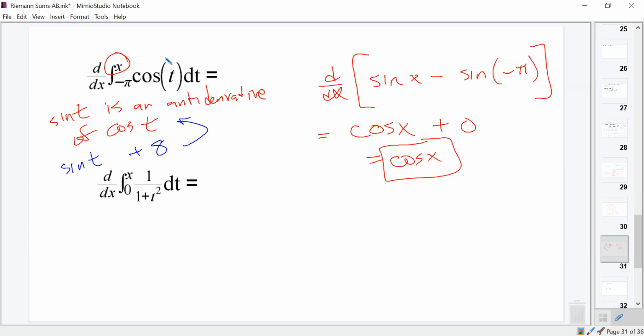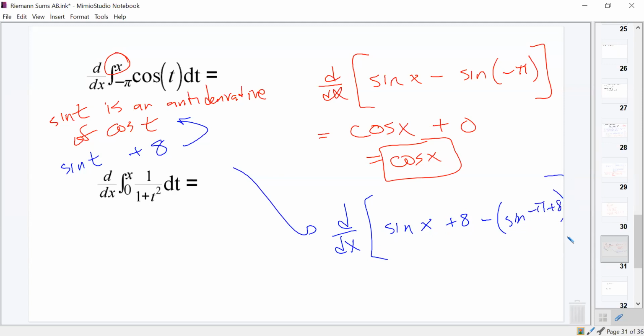So if we'd done it that way, we would have ended up with the sine of x plus 8 minus the sine of negative pi plus 8. And the derivative of sine x would still have been cosine x.